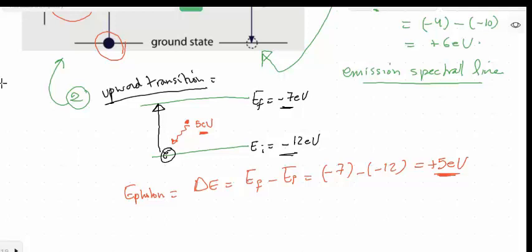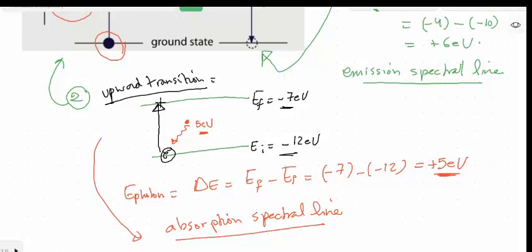If I give it 4 electron volt, it doesn't absorb it. 7 electron volt, it doesn't absorb it, unless we have a level that matches the difference. Okay? So again, we have two types of transition, either up or down. This transition corresponds to an absorption spectral line. We need to relate what we are explaining here with the emission and absorption spectral lines we observed before.